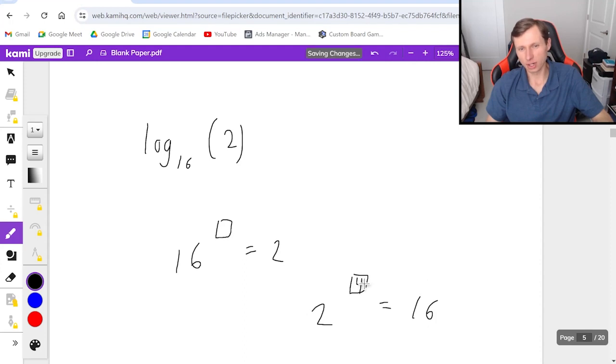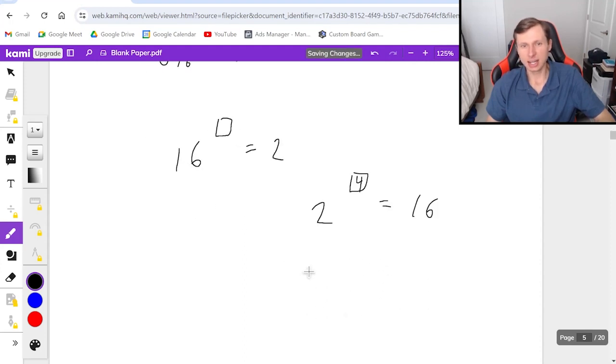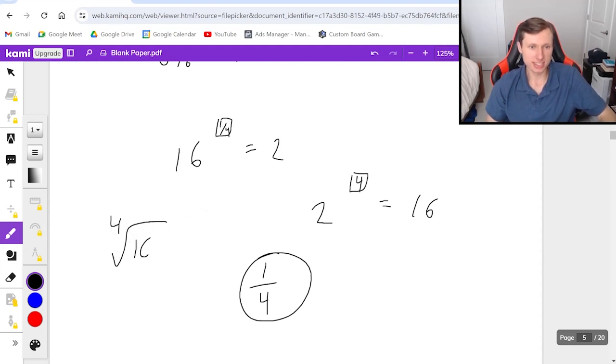The answer is 4 because 2 to the 4th power is 16. And because I went the reverse method, it means the answer is 1 over 4, which is true. This would have been the answer this way as well because the 4th root of 16 equals 2. But if you don't like that method and you want to do the reverse method, that works for me. As long as you get the right answer, I'm happy at the end of the day.